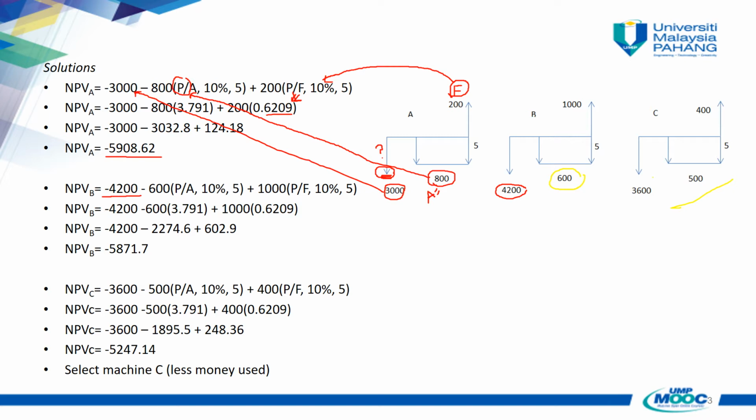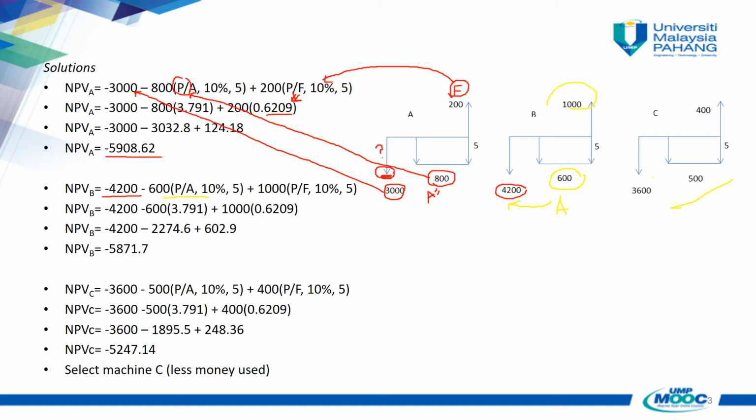Because this is in the form of A value, we need to convert it to become P. We call this finding P when you know the A. What is the value of A? 600. So finding P when you know the A for the 600, and then plus the 1000 here.